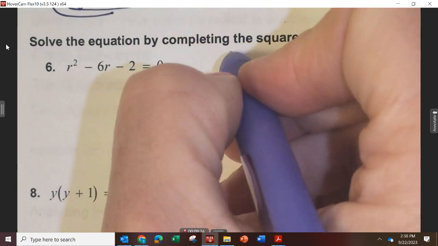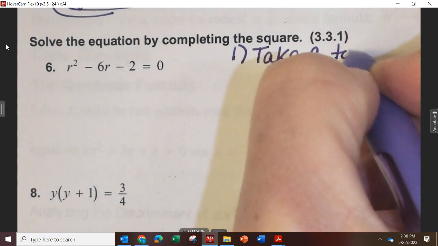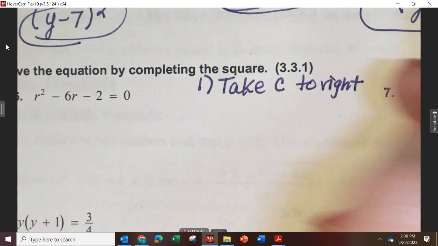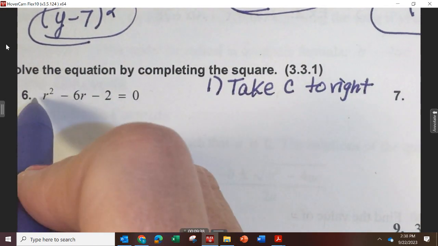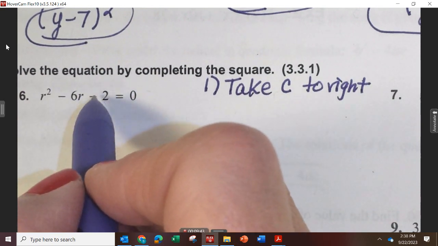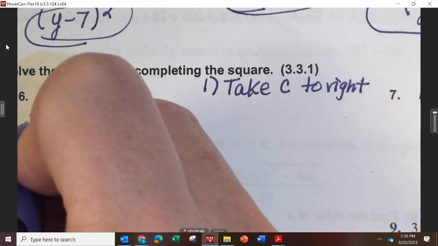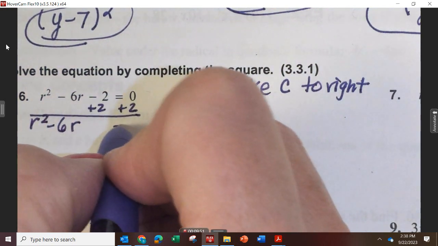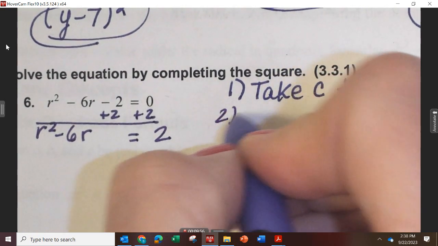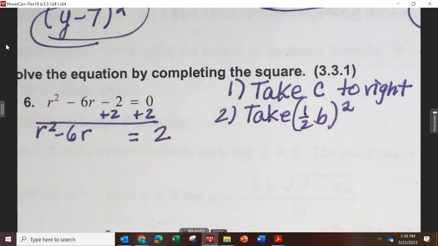Okay, the first thing that you always do is take c to the right. This is the A term, this is the B term, this is the C term. I want to take this to the right, so I'm going to add 2 to both sides. So I'm starting with r squared minus 6r equals 2. Now we are going to take half of b and square it.